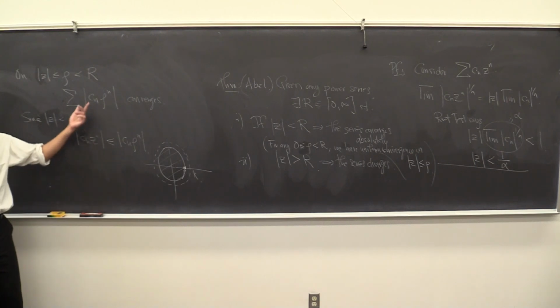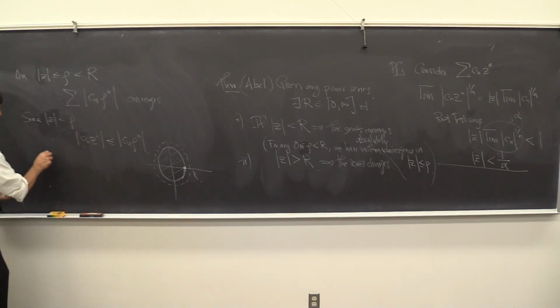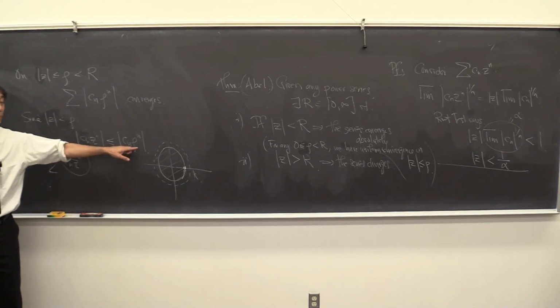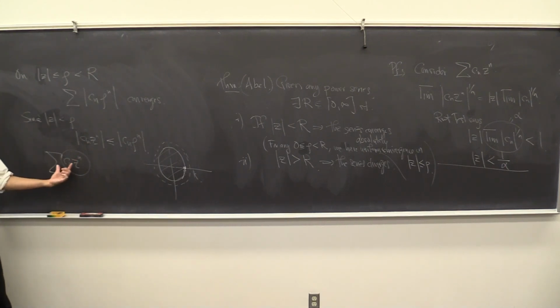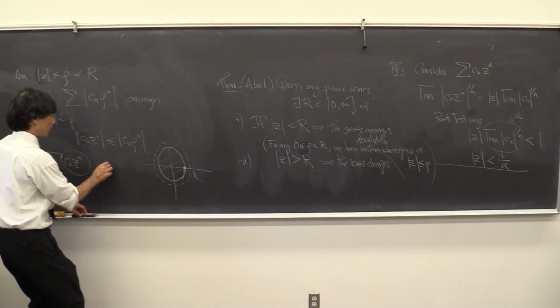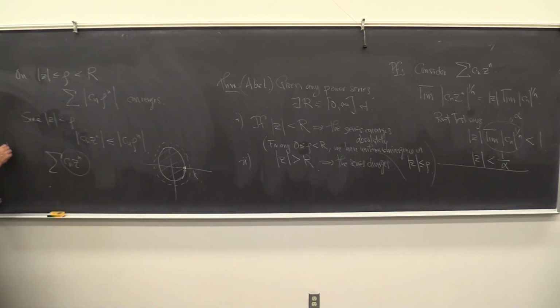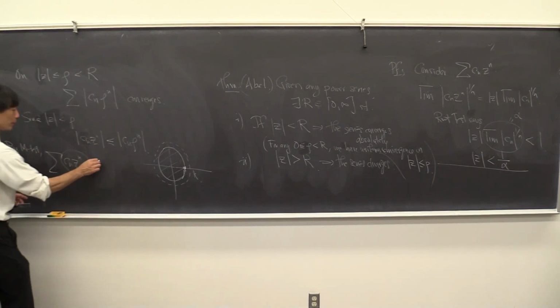Because each of these functions is bounded by this, and the sum of these bounds is finite. So the Weierstrass M-test tells you that this series converges uniformly. Okay, so by Weierstrass M-test, this thing converges uniformly.